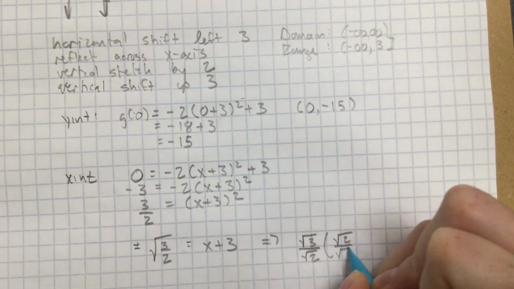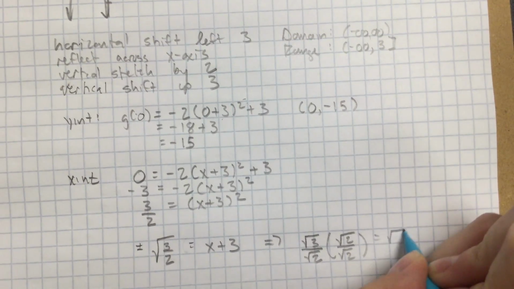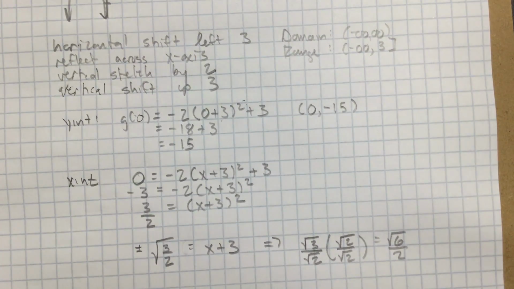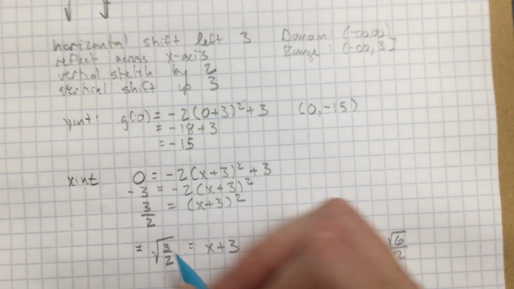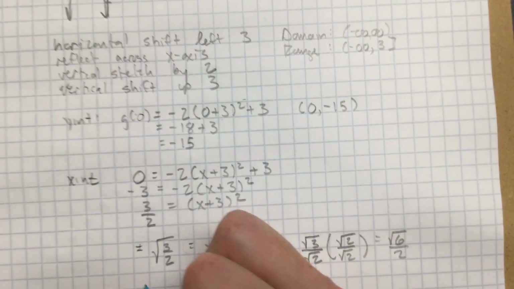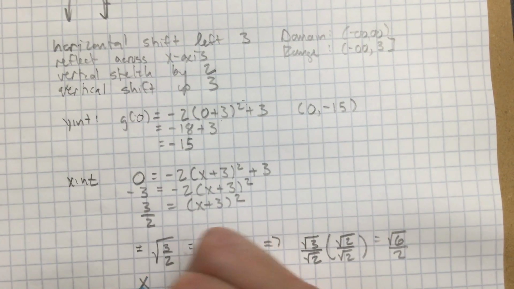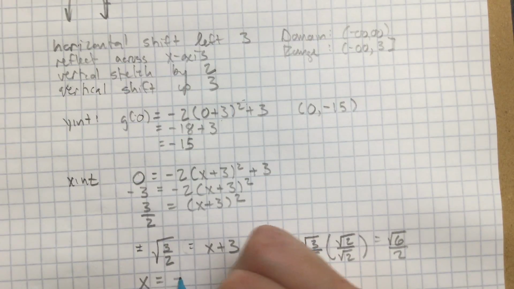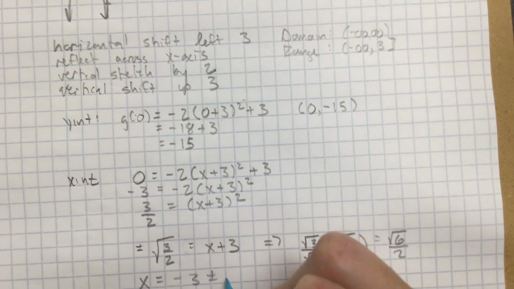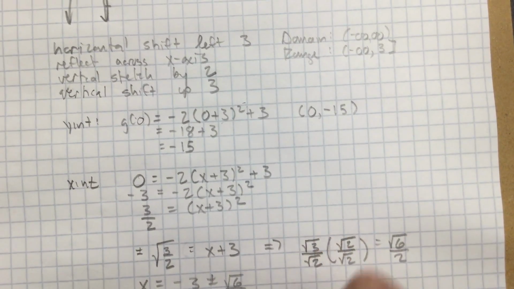Root 2, root 2, root 6 over 2. And the last thing you do, you got to move that 3 over. So for your x-intercepts, you have x equals -3 plus or minus root 6 over 2.